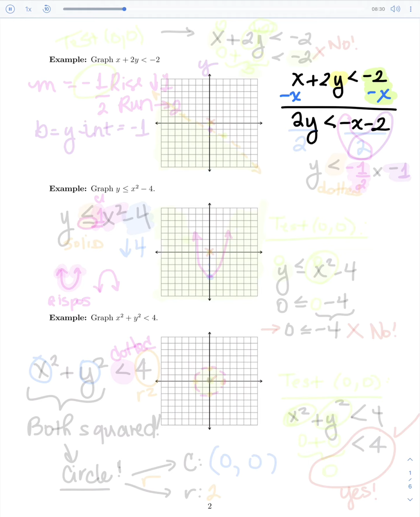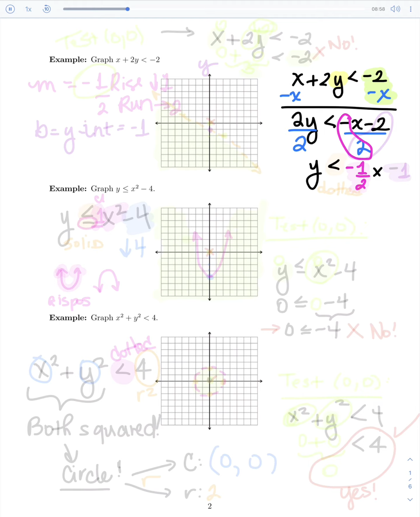The last thing that you can do here is divide both sides by 2. Again, be careful that you're dividing everything on both sides by 2, which gives me that y is less than, be careful here, what you have out in front of this x is actually a negative. We've got a hidden 1 there with the negative, and we've got the 2 on the bottom, and then we have our x that's next to it.